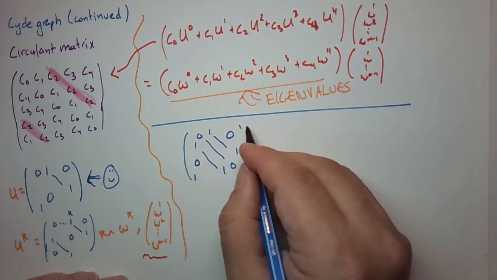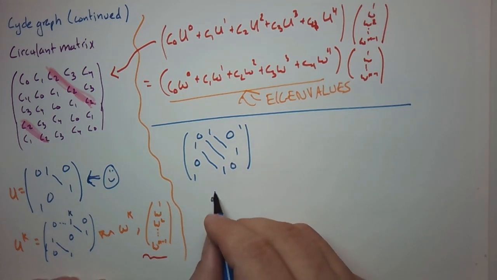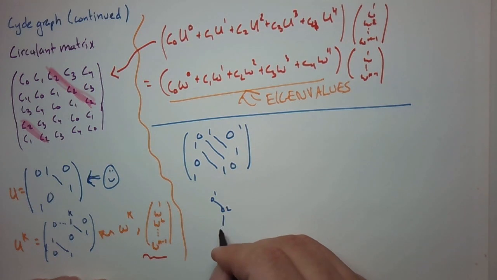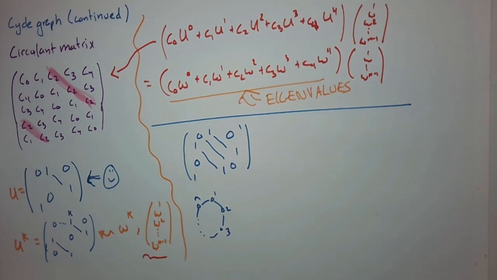So that's what you get for a cycle, with an appropriate labeling, namely the obvious labeling: 1, 2, 3, up to n, back to 1.